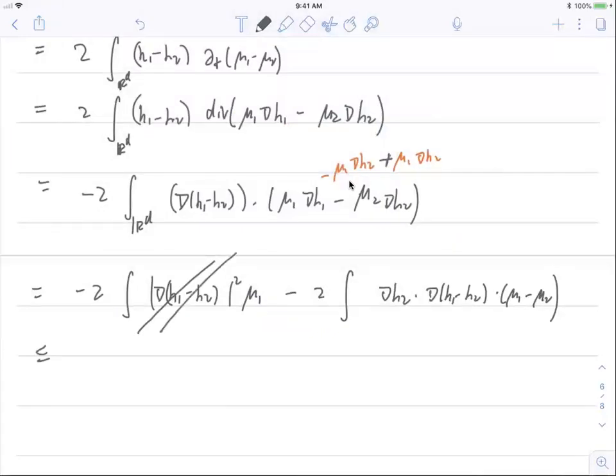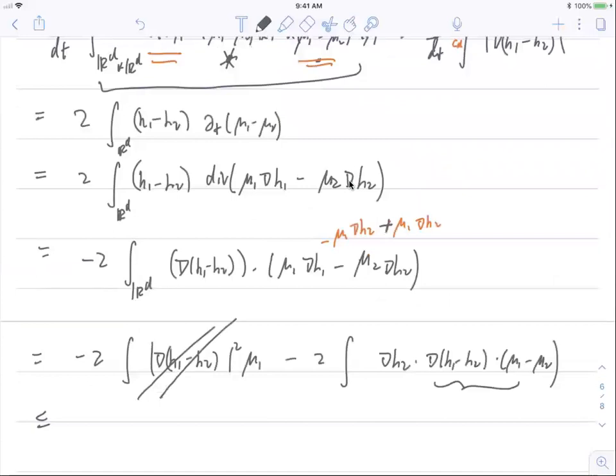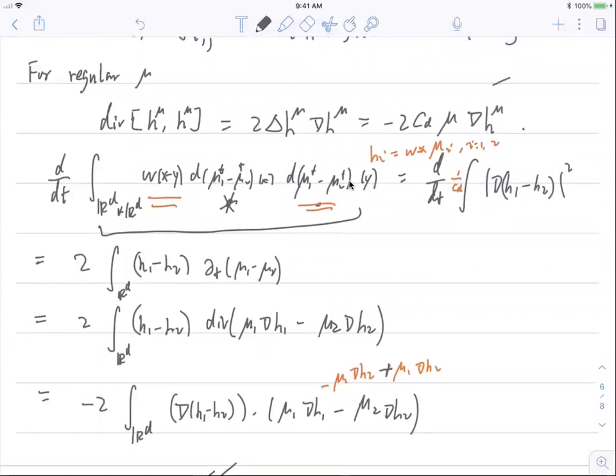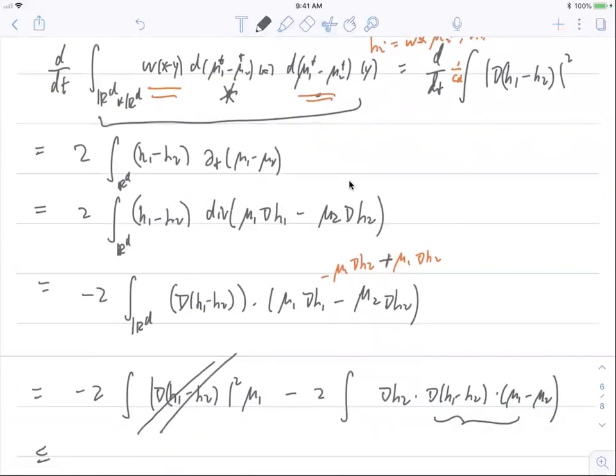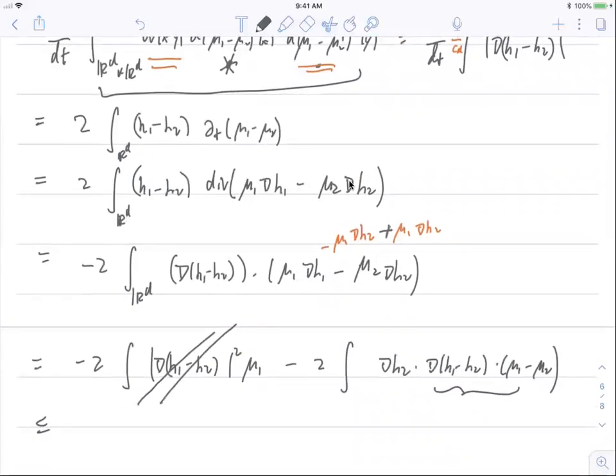And this term looks very familiar, right? So what is this term? H1 minus H2 is the potential generated by mu1 minus mu2. So we can use the divergence formula here, right? But there's a 1 over CD there.